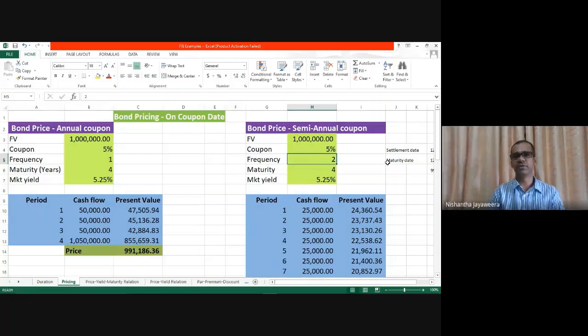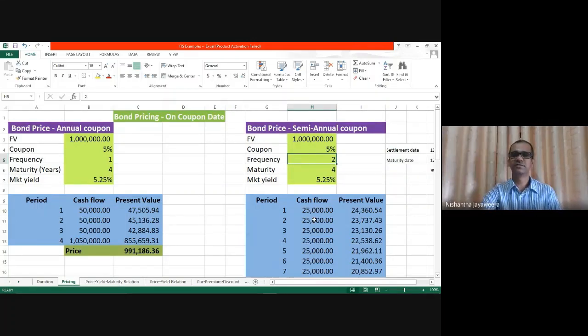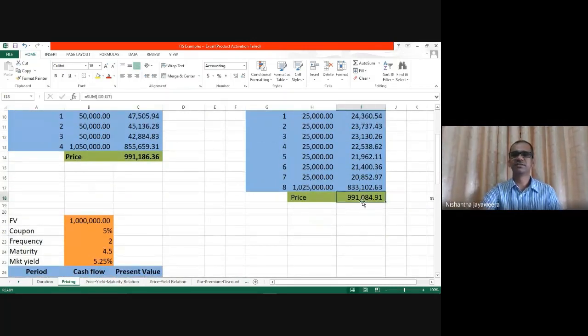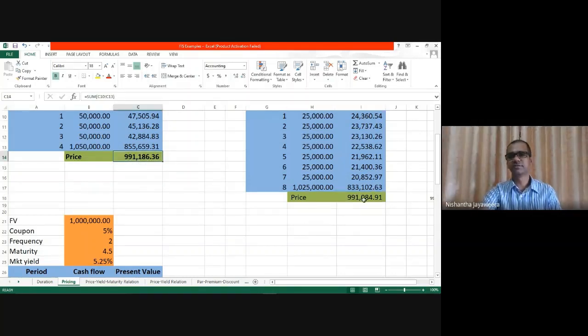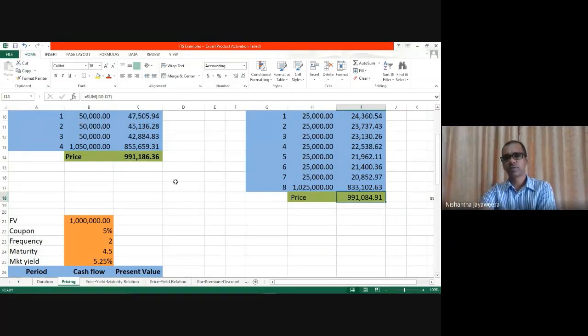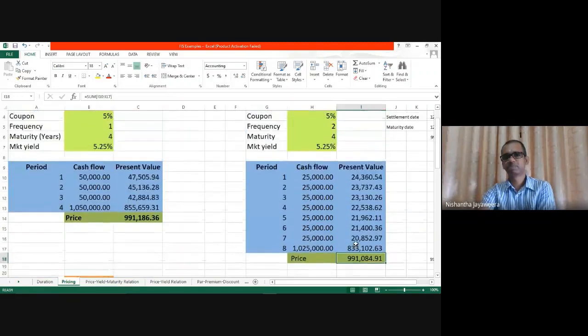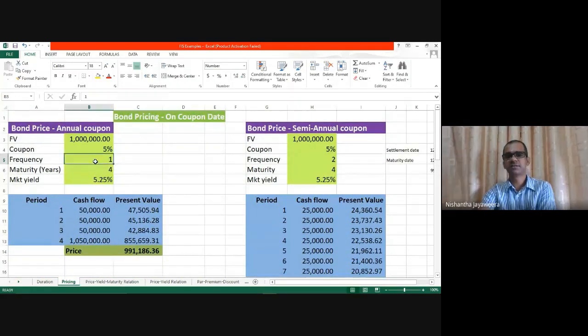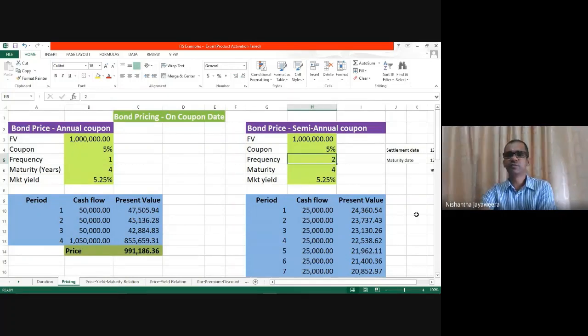That means semi-annual coupon. Then you should get this answer. The difference between this and this is because of what? What is the reason for this difference? Semi-annual compounding, yes, the difference between coupon payments.